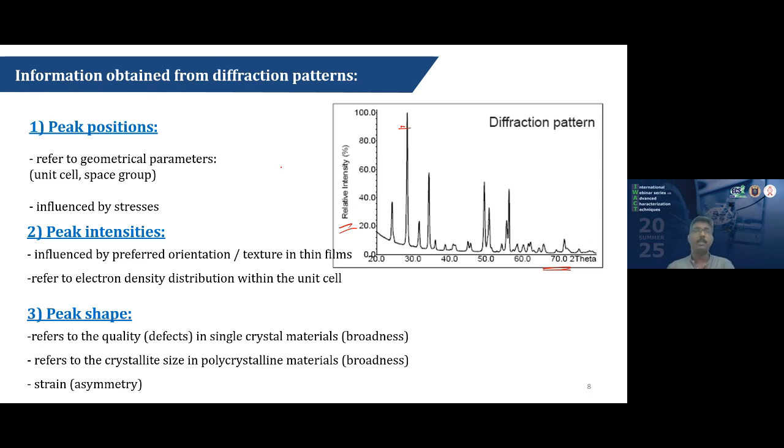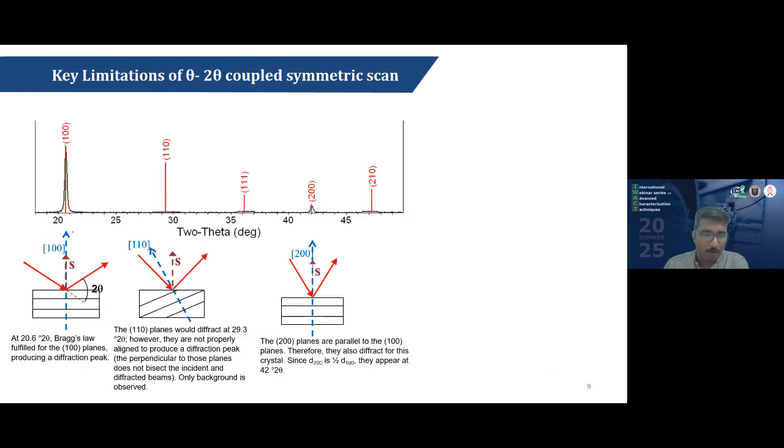So what are the key limitations of theta to theta geometry? As we have discussed, in the case of the Bragg-Brentano geometry, the scattering vector will always be normal to the sample surface, so we can detect only those planes which are parallel to the sample surface.